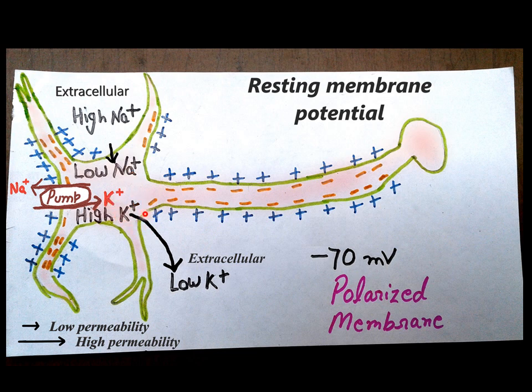The cytoplasm of neurons contains impermeable negative ions such as phosphate, sulfate, and negatively charged proteins. The distribution of ions creates charge differences, positive on the outside and negative on the inside of the membrane. At resting conditions, membranes are polarized and the potential difference is called resting potential, which has a value of -70 millivolts.